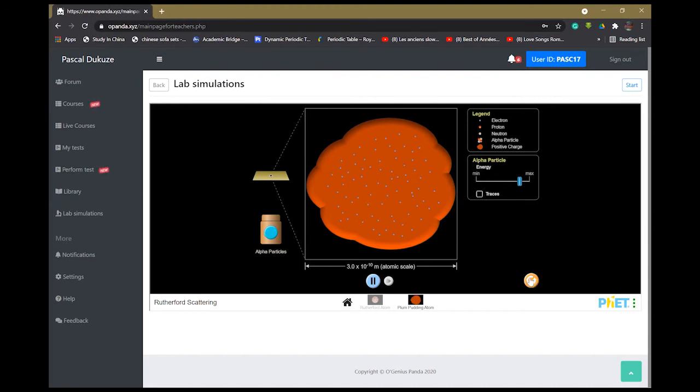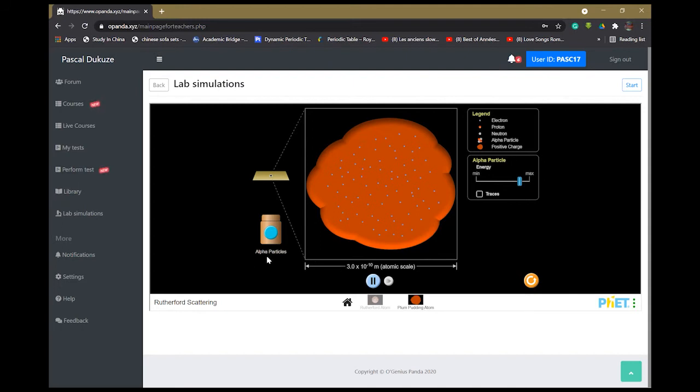And here you can reset if you have been changing these settings. When you hit this button, you can reset. And here you can start the experiment and the particles start to move, or you can stop them.